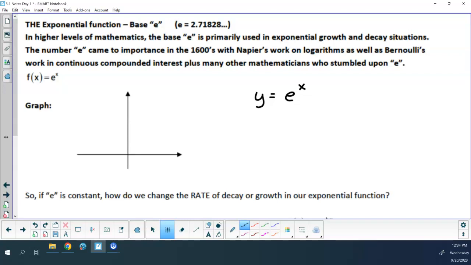Okay, what do I know about it? Growth or decay? Growth, because my base is bigger than 1. Okay, what else do I know about it? The horizontal asymptote is y equals 0. What points does it go through?